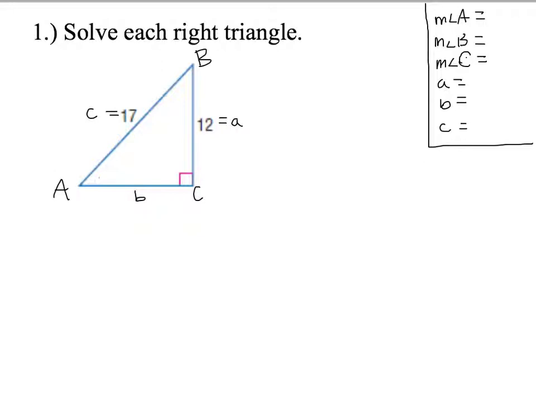Okay, so on this problem we know that angle C is our 90-degree angle, side A is 12, and side C is 17. Let's go ahead and get side B taken care of.